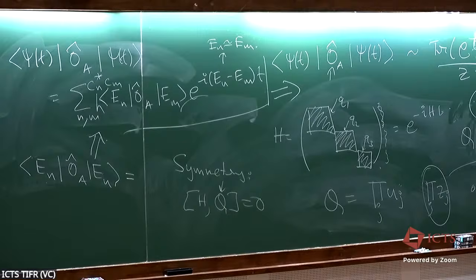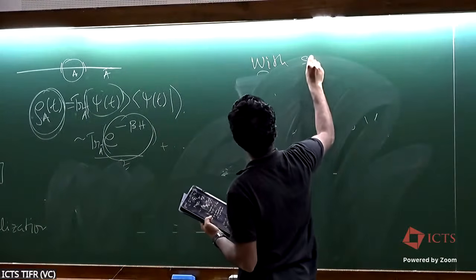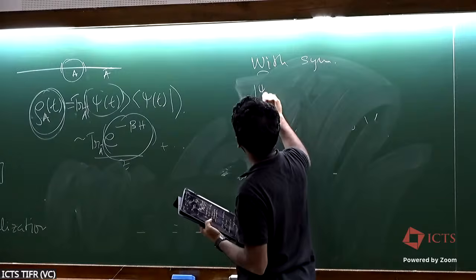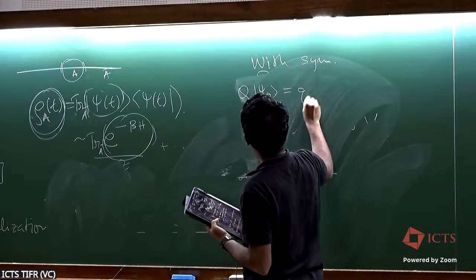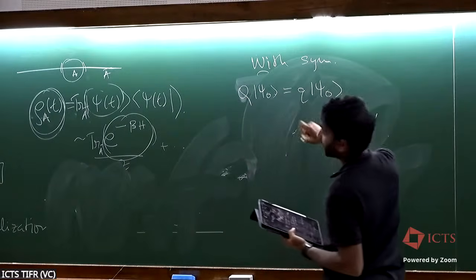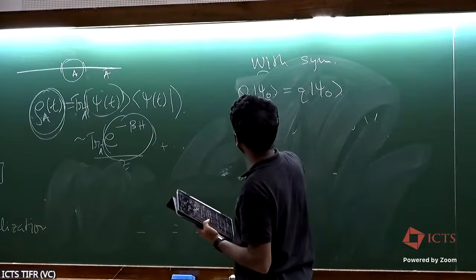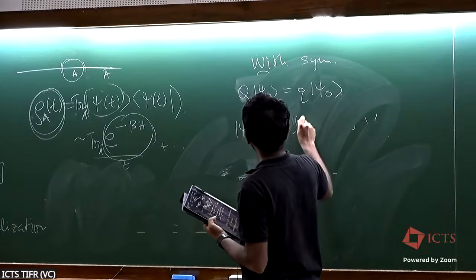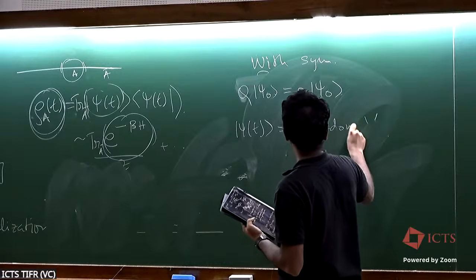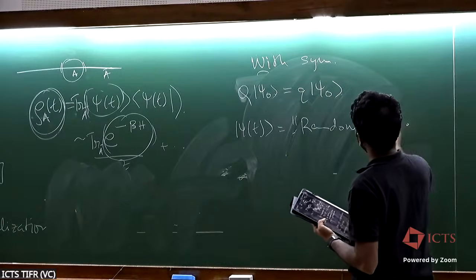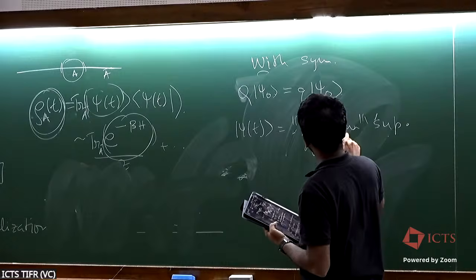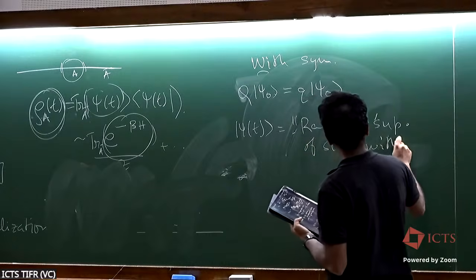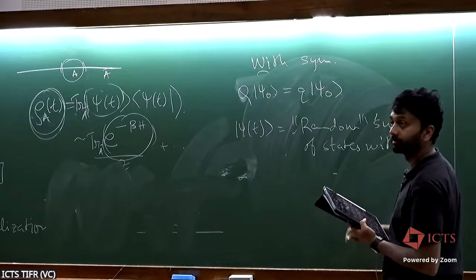So with symmetry, suppose I have my initial state, which has some fixed quantum number. Your final state is now a random superposition of states with quantum number Q, right?